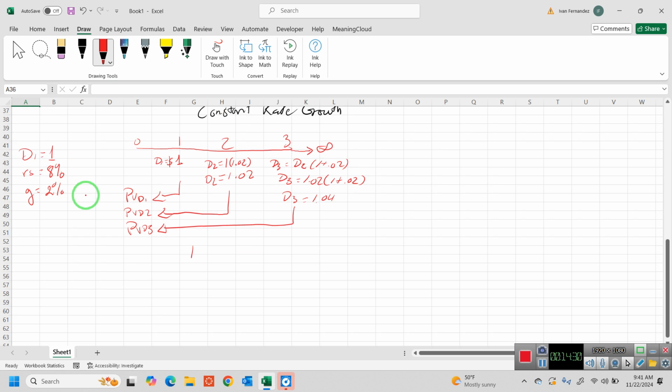So the price today, remember, P0 means the price today, equals D1, which is the first dividend, divided by the required return on the stock, RS, minus the growth, G. Another way of writing this, which sometimes is going to be very useful, is D0 times 1 plus G, over RS minus G. I only changed the numerator, okay?